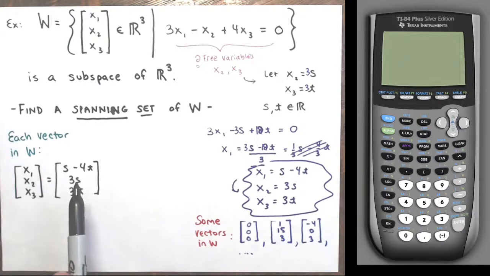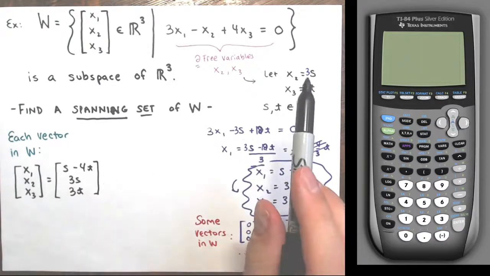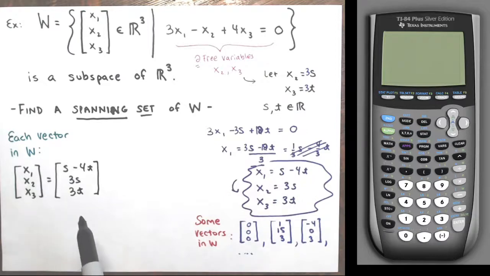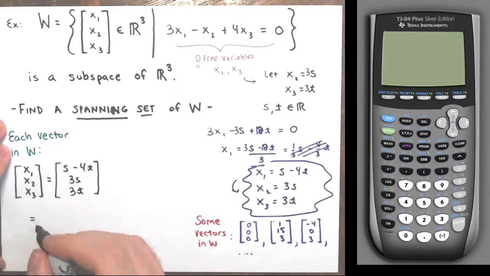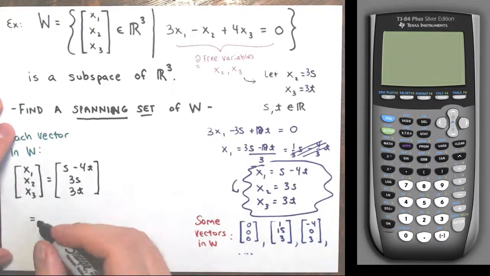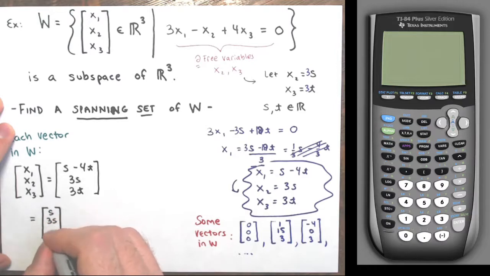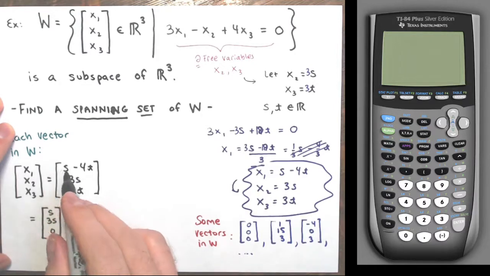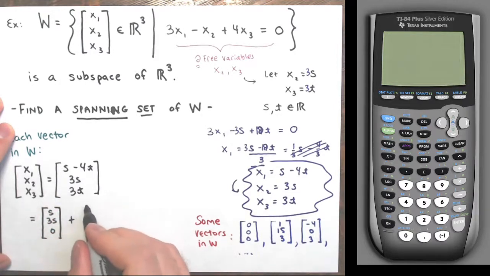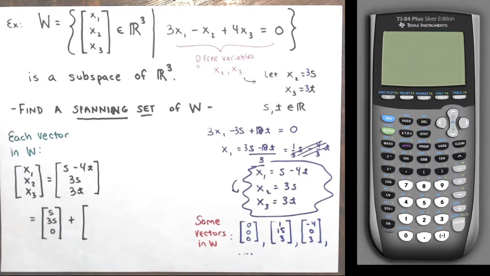All right, and just as before, I have two parameters, two free variables, this s and t. So as I did with the last example, I'm going to split this up into the sum of two vectors, one with the s terms in it. So there's s, 3s, and 0. There's s, 3s, and no s, plus the terms with t in it.